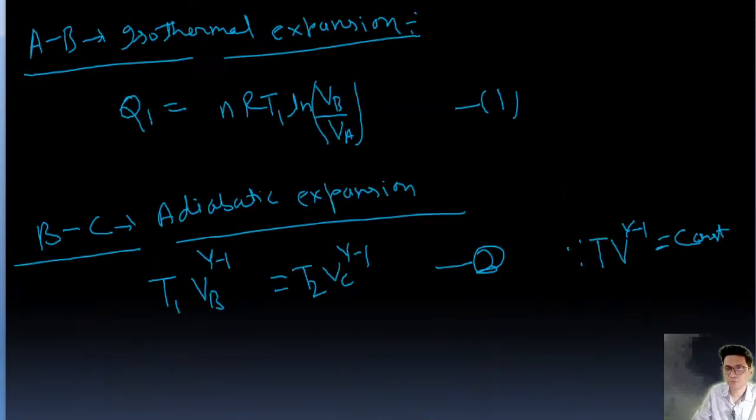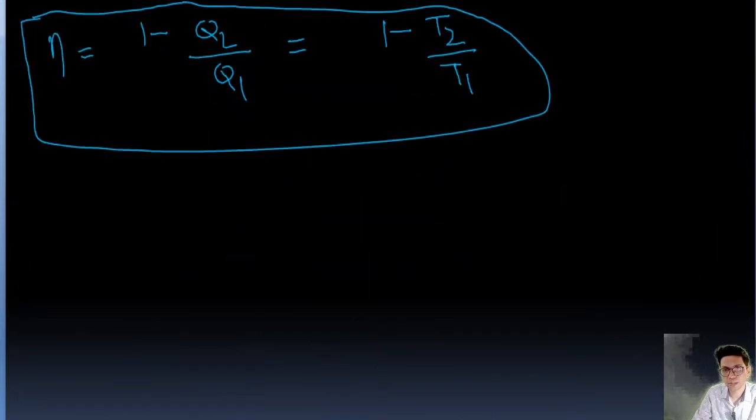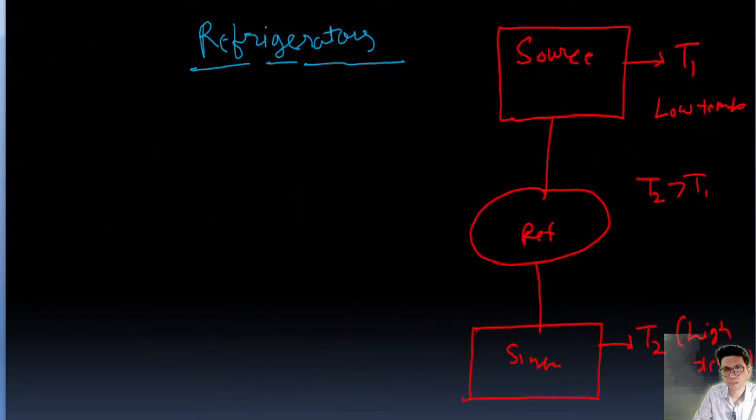But if we talk about this refrigerator, T2 will be greater than T1. Okay, and in case of refrigerator, this is at low temperature, and this is at high temperature, right?